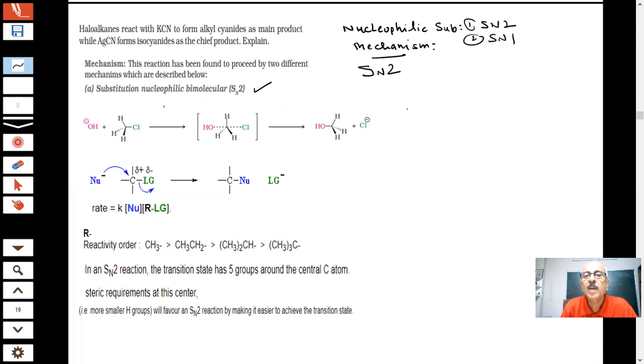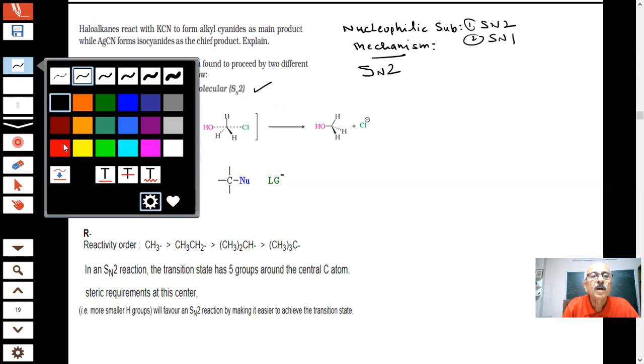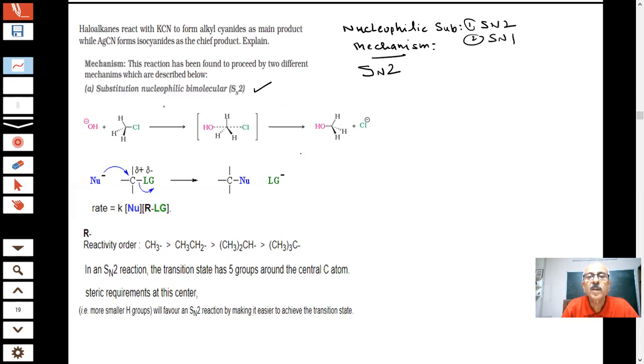Now here I am showing you an example of that. You can see here is an alkyl halide. Can you see this alkyl halide? Okay.